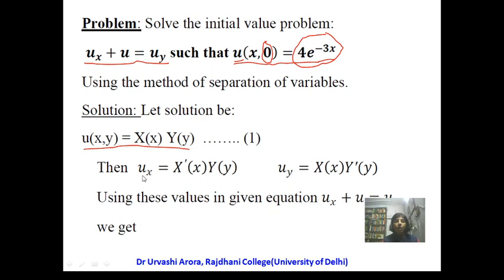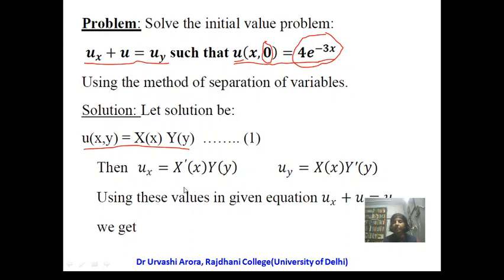Using the value of u, small u, you find out ux. ux is the partial derivative of u with respect to x, and this comes out to be X dash x into Y of y, because when you differentiate with respect to x, only capital X gets differentiated, because Y is not dependent on x. So this is what you get.